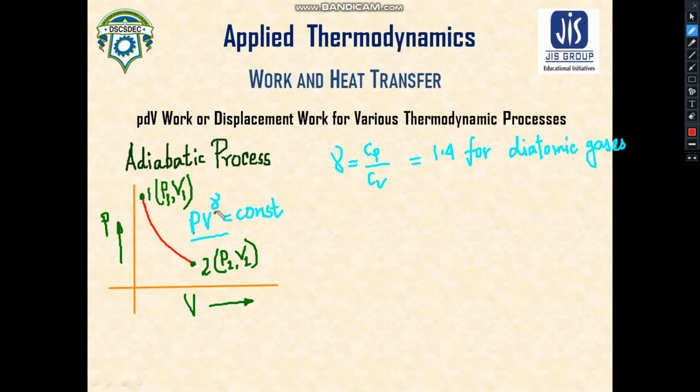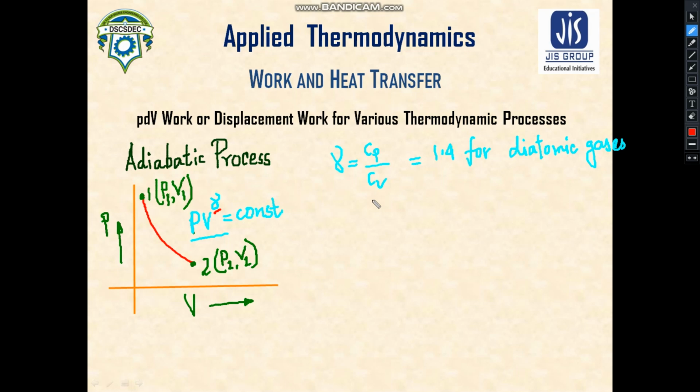Now what is this gamma? This gamma refers to Cp by Cv. Cp means the specific heat at constant pressure, and Cv means the specific heat at constant volume.